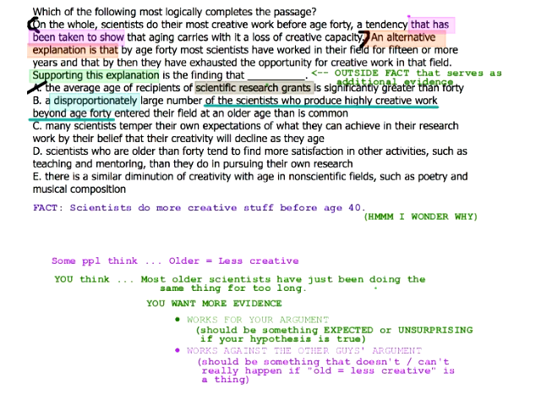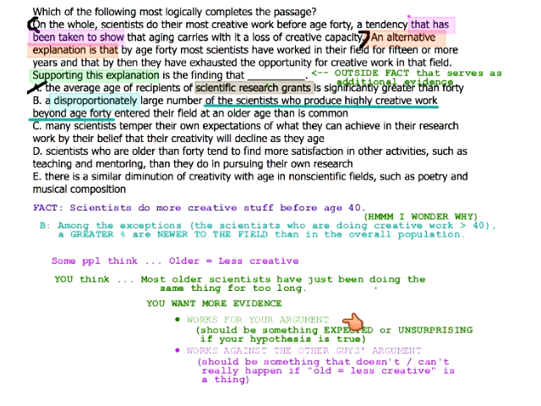So this means if you look, B says, among the exceptions to the rule, the scientists who are still doing creative work after 40, a greater percent are relatively new to the field than in the overall population of scientists.